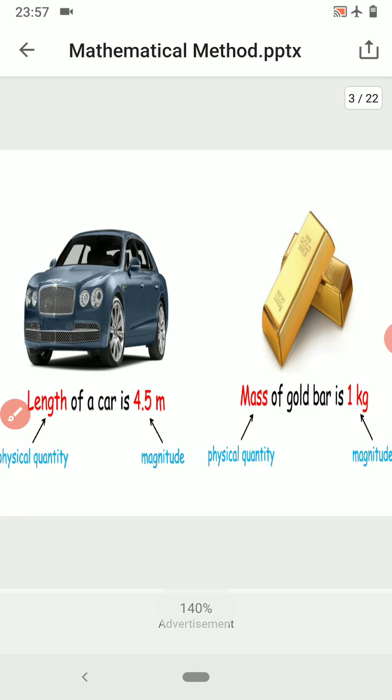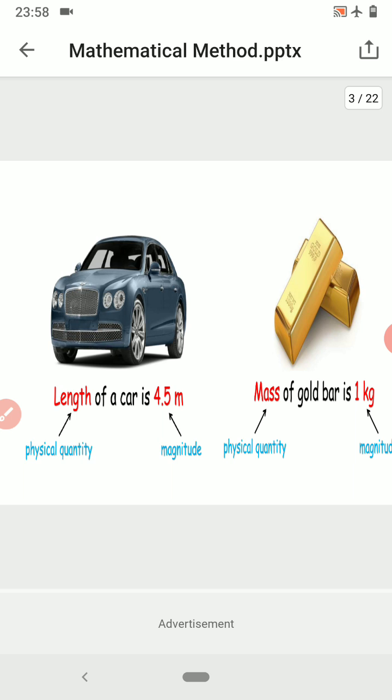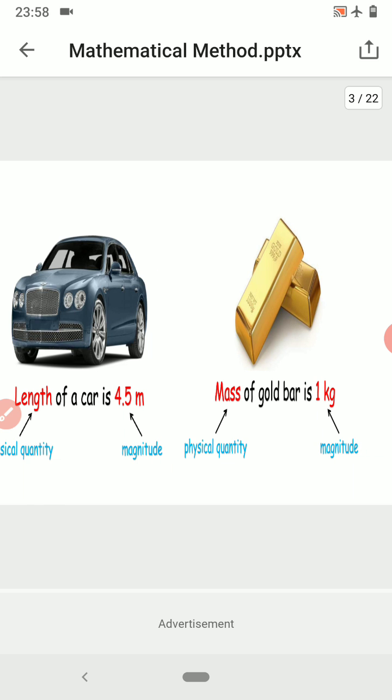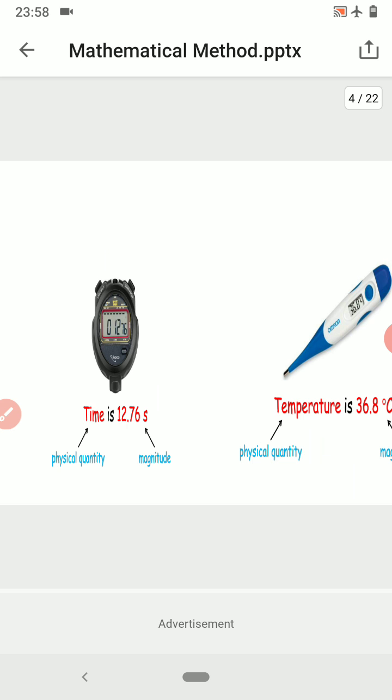But in both the cases, you do not require the direction to visualize the object. Only the mass, only the length is fulfilling your requirement, so that you can quantify the object.